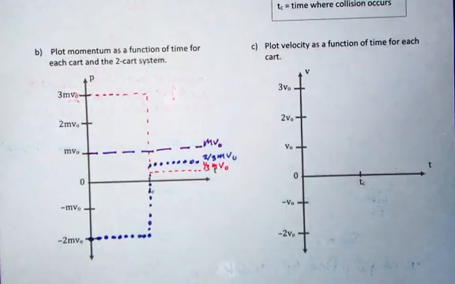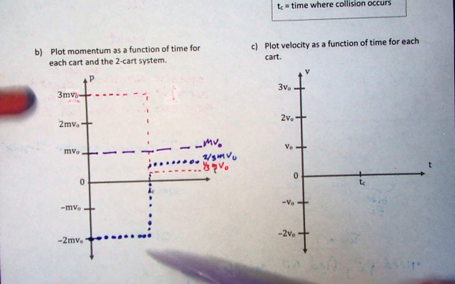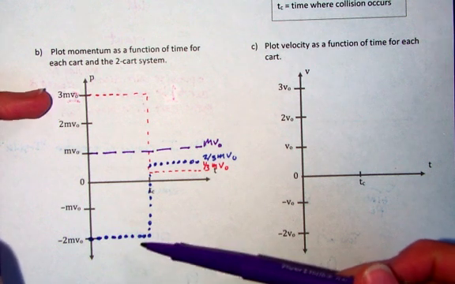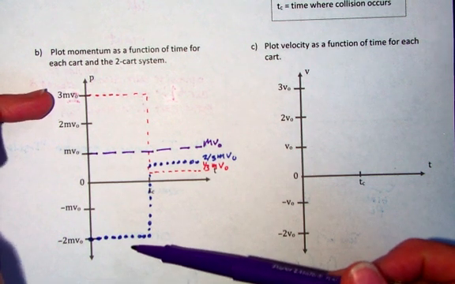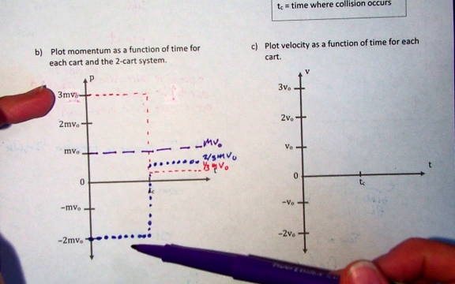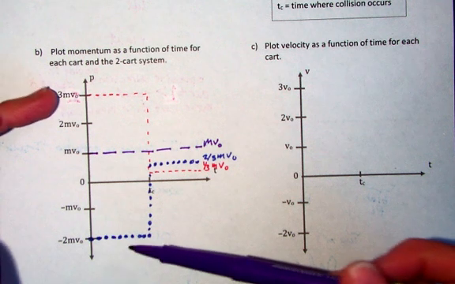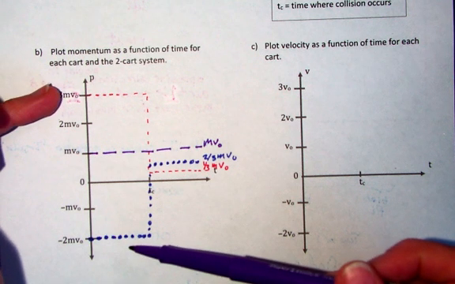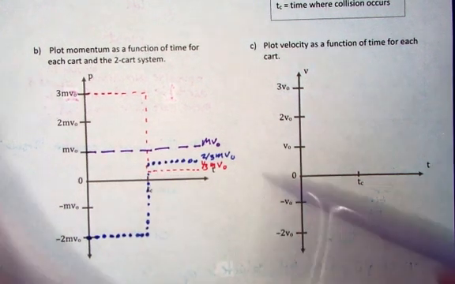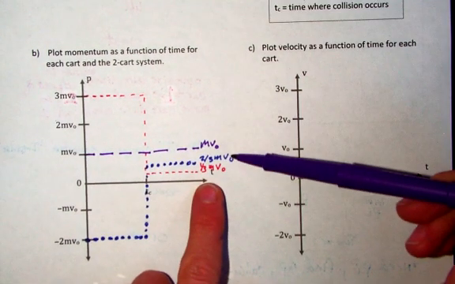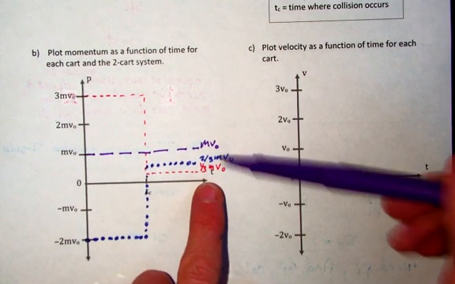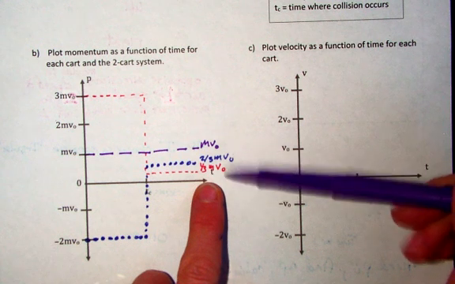Okay, so let's take a look here. Before the collision, what was the sum of the momentum of the carts? The total momentum of the carts before was mv naught. Take a look now. That momentum changed, but what's the sum of the momentum of the carts? mv naught.